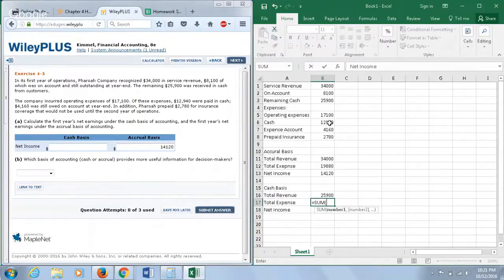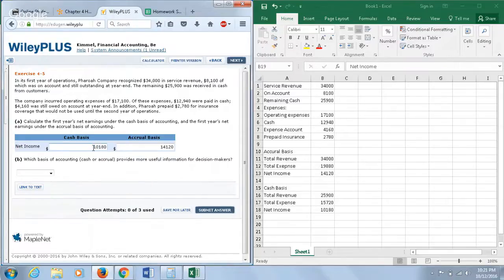So you would sum the cash and the prepaid to get that much, and then you still subtract, which would equal $10,180.